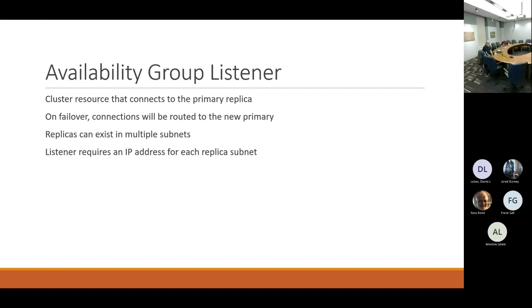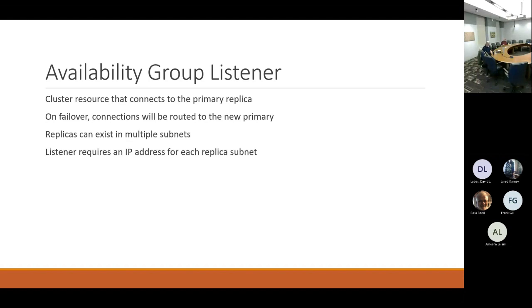And you can kind of think of a listener, if you're familiar with Active Directory, it's sort of a CNAME. It has the same kind of characteristics, so pointer to an IP or group of IPs. And it is how applications connect to availability groups, because you can connect directly to the primary replica, but if that availability group fails over, that connection to the primary replica will no longer work.